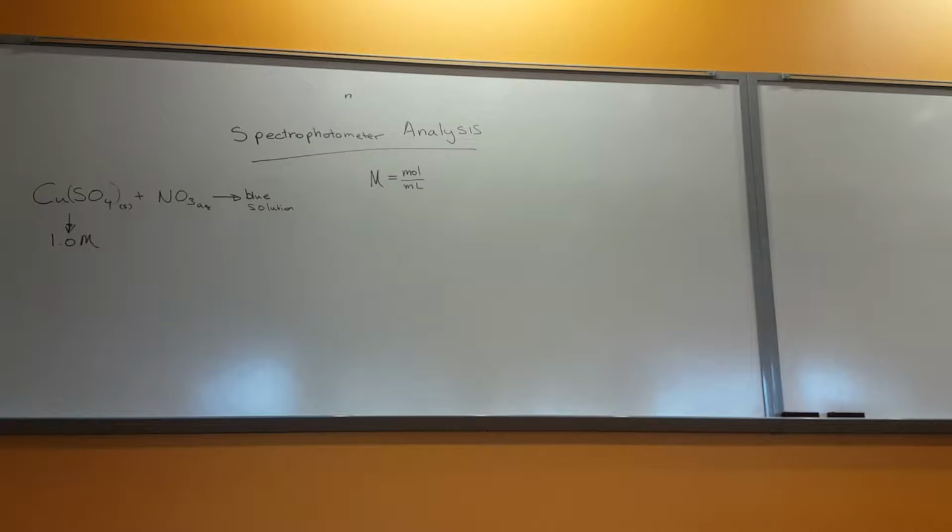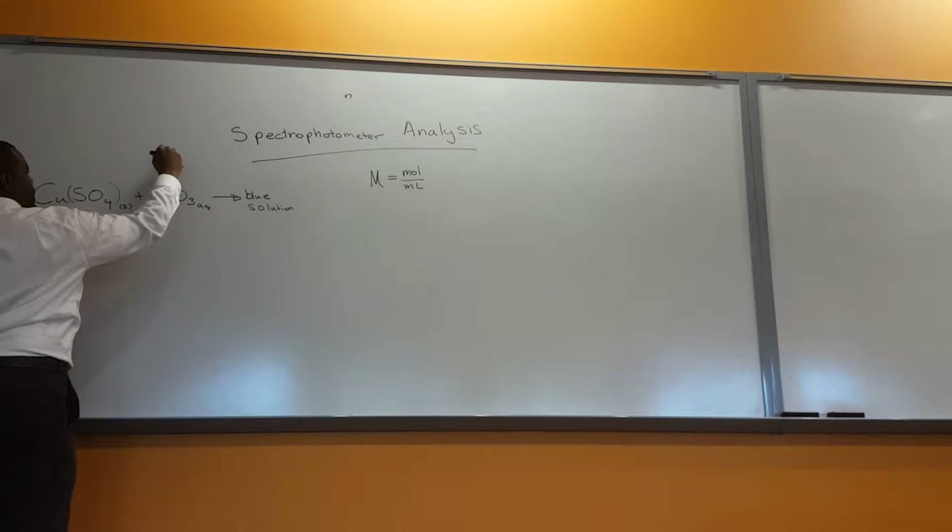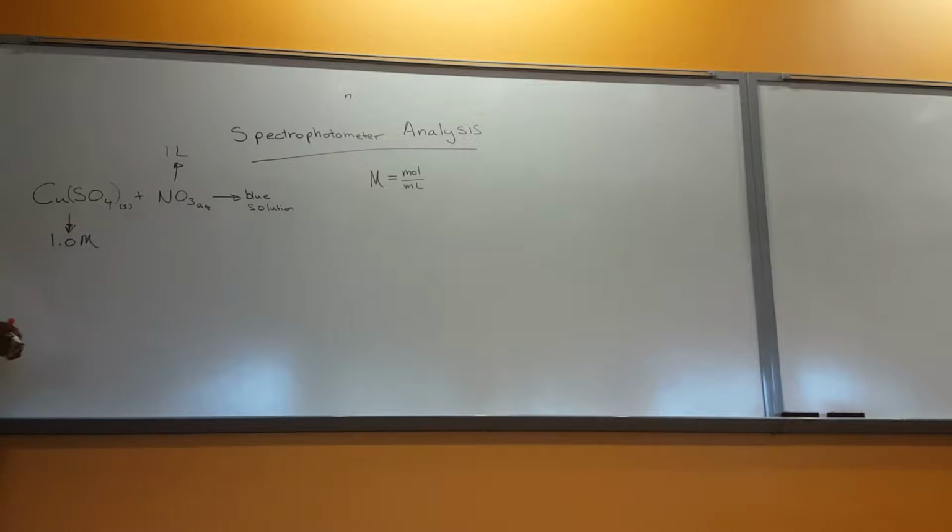So let's say I know I have 1 liter of nitric acid. How many grams of copper sulfate, the blue powder, would I have to put into that 1 liter of nitric acid to get a concentration of 1 molar? How would you solve that?